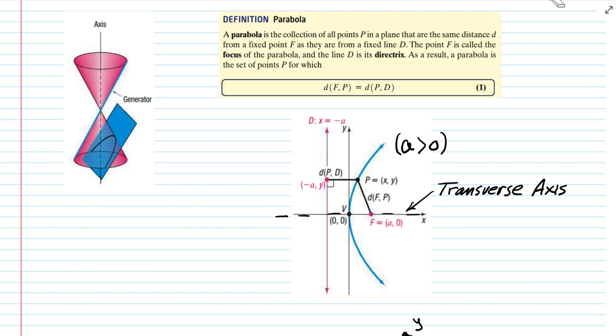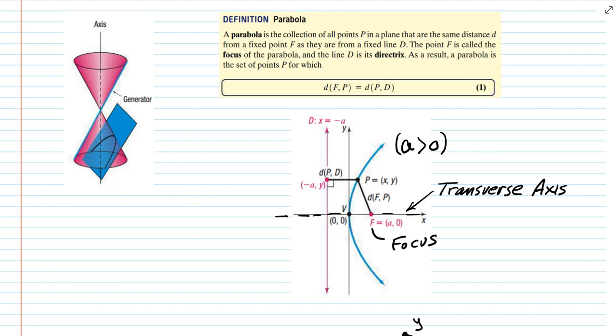Okay, so that's just the formal definition. But the formal definition will actually be the basis for deriving the equation of the parabola. And this is our starting point: the distance from P to F is the same as the distance from P, the point, to the directrix. And remember, F here is what we call the focus of the parabola.